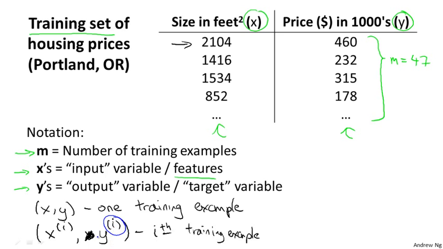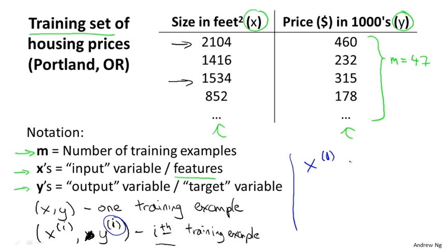The superscript i in parentheses is just an index into my training set, and it refers to the ith row in this table. So this is not x to the power of i, y to the power of i. Instead, x^(i), y^(i) just refers to the ith row of this table. So, for example, x^(1) refers to the input value from the first training example.